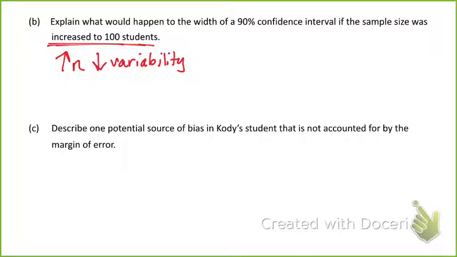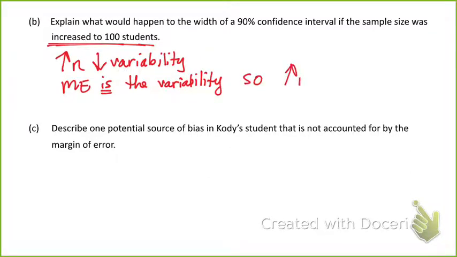So, margin of error is the variability. So, increase sample size, interval decreases. You can also think of it this way. If you increase your sample size, you're getting a better representation and you're getting a more accurate prediction.